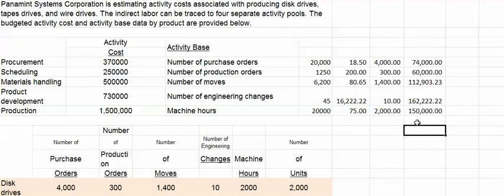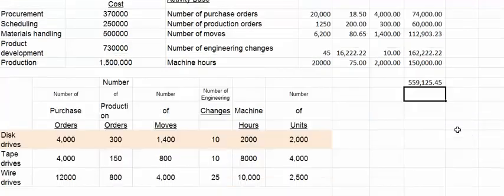Now I can add all these numbers together here, and I get the total cost of all the disk drives. Now I have to divide this by the number of disk drives, and that is 2,000 units. So I'll divide it.